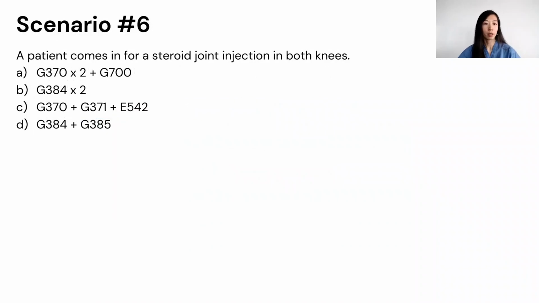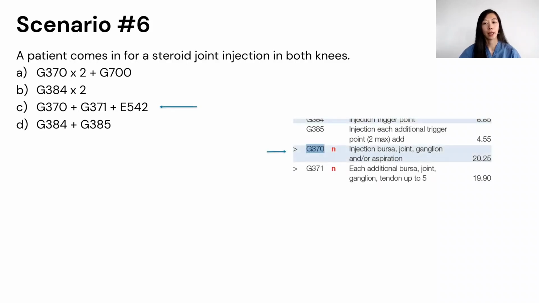Okay, scenario 6. A patient comes in for a steroid joint injection in both knees. What would you bill? Do your control find on your SGFP document, write down the answer. And the answer is C. And here's the reason why. There are two knees, right?